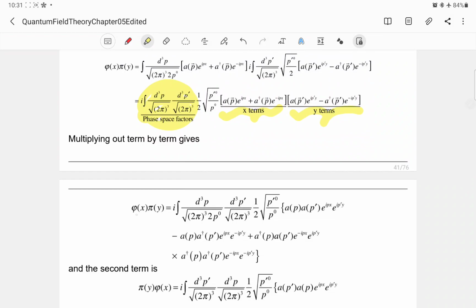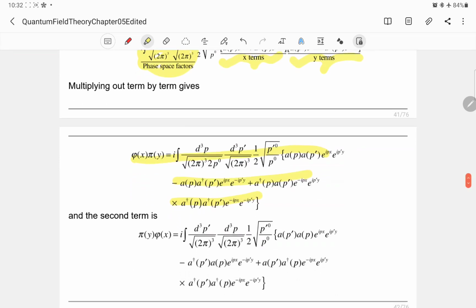So in this case, you have phi x pi y given by this, and of course the second term is given by this, and then you will now have to subtract this one from this one to get the commutator.